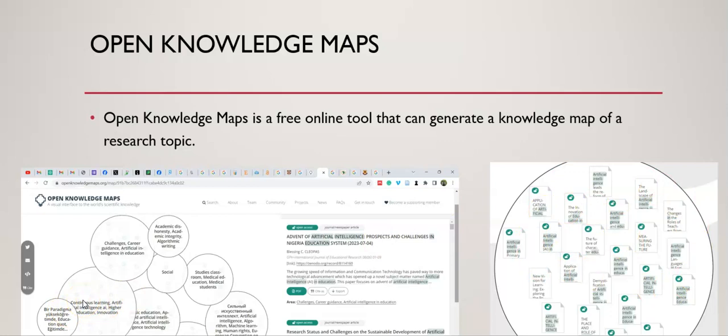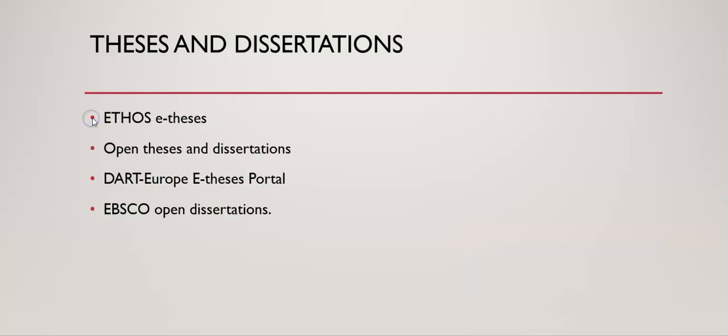It's quite helpful because it brings together a lot of things that are related to what you would have looked for. For example, if I had clicked on social, it was going to give me articles that are speaking to artificial intelligence in the social subject or in the social realm. So that's another site that you might want to also use.